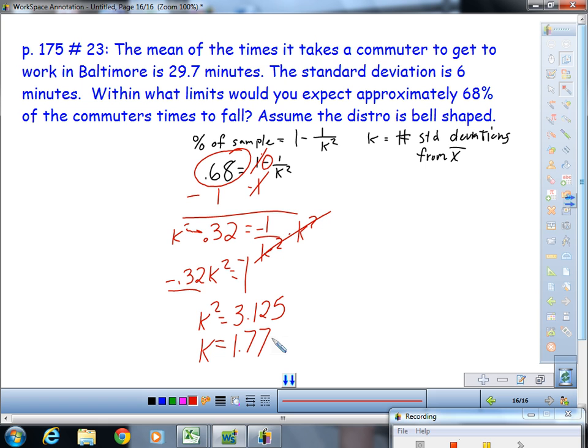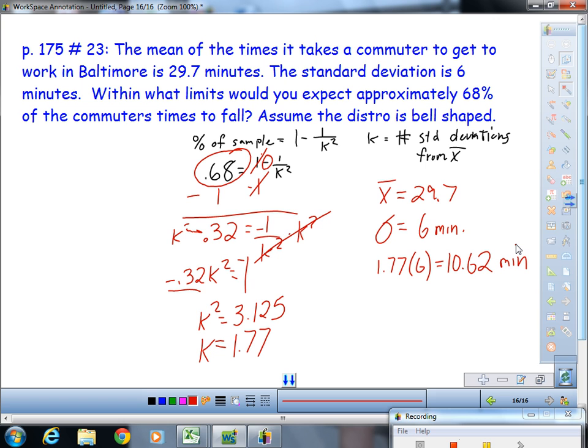So now we know that our mean is 29.7, and our one standard deviation is 6 minutes. So when we do 1.77 times 6, we get 10.62 minutes.